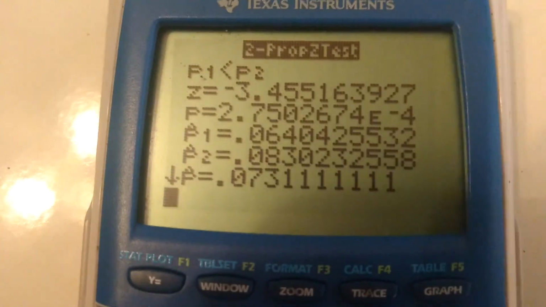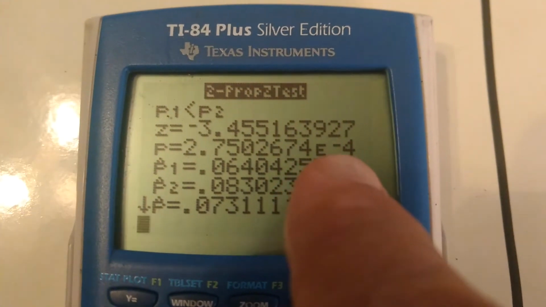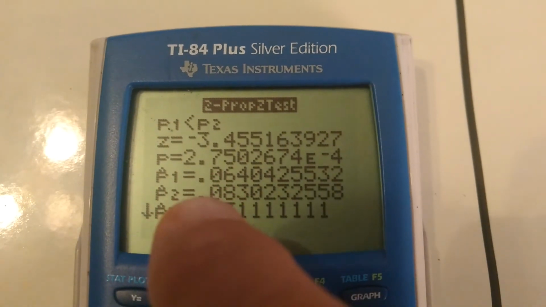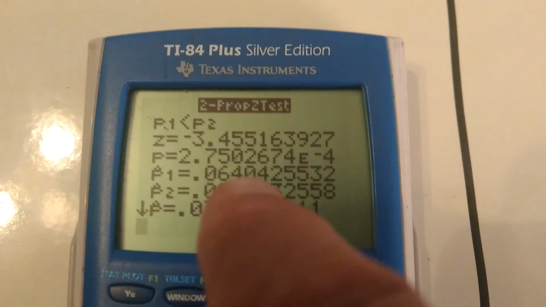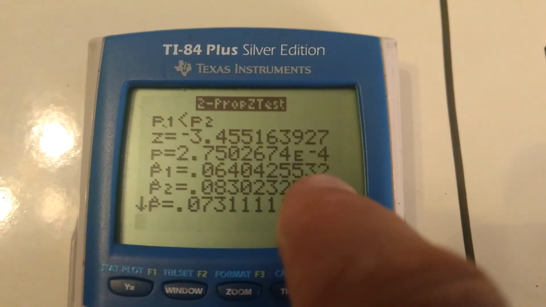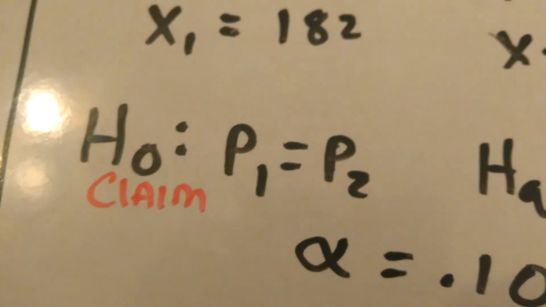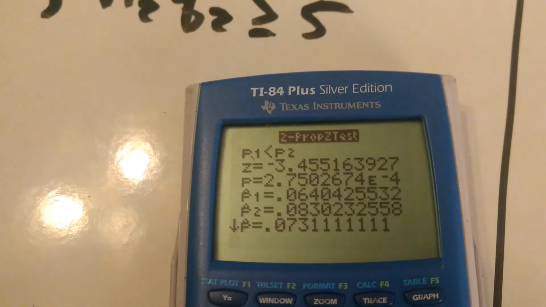And when you get this, anytime you get a number that looks like this on the calculator, that E means times 10. So this is really saying 2.75 times 10 to the negative 4. All right. So what happens here is that when you look at this, that negative 4 means that we're going to the right of the decimal.